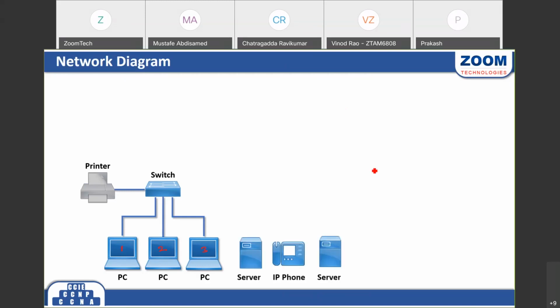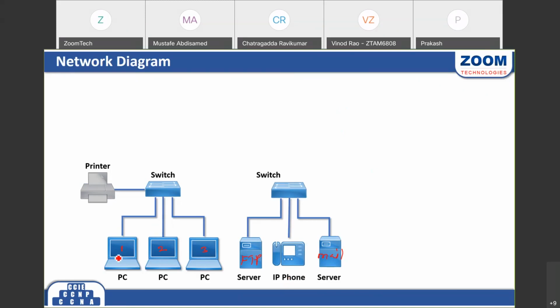Now we have one more type of device in the LAN, let's say a file server (FTP), a mail server, and an IP phone. If all these devices, including the servers, support wired cables, they are connected with RJ45 cables to the switch.